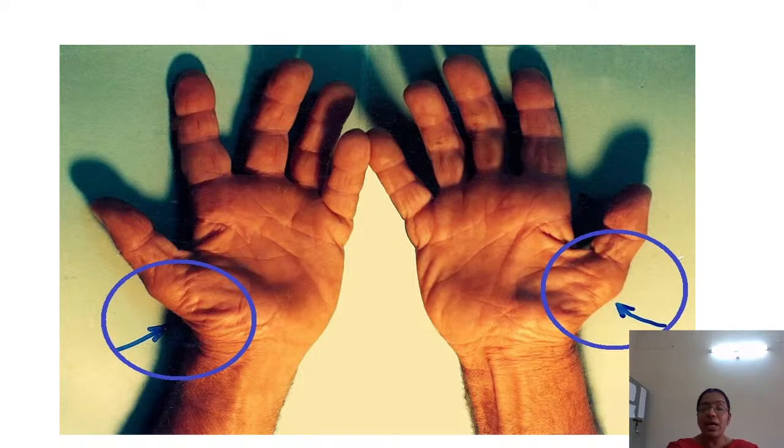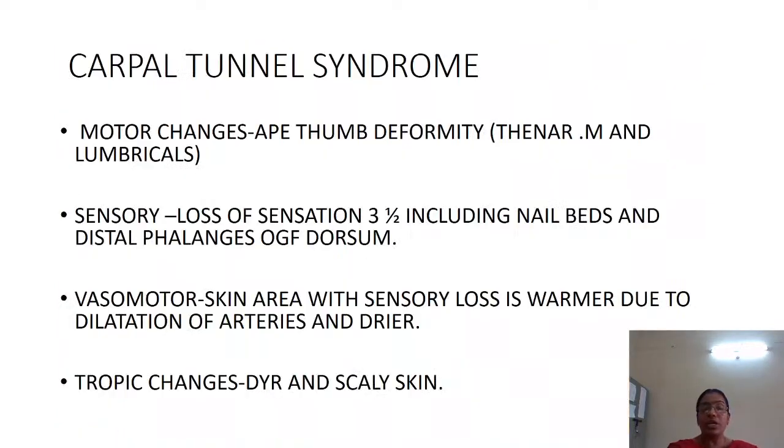Here you can see the thenar eminence bulge is lost, that is atrophy of the thenar eminence, because the median nerve is injured. As the recurrent branch supplies the three thenar muscles, thenar muscle atrophy occurs.